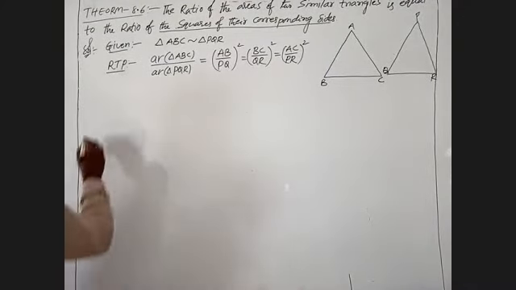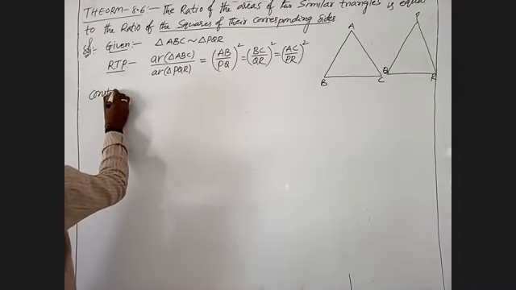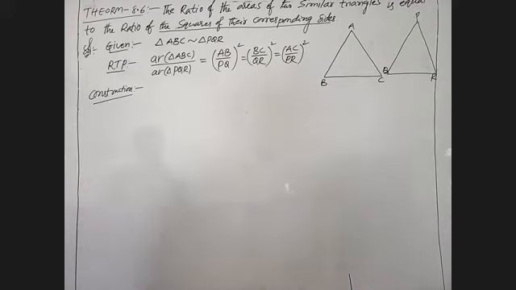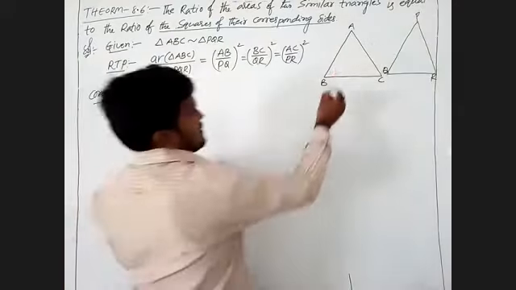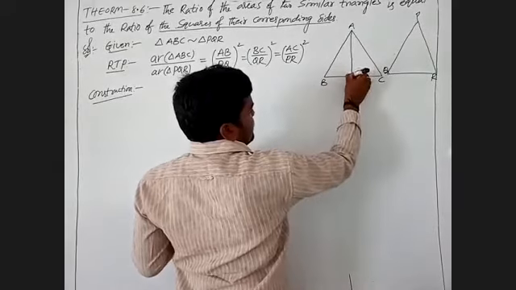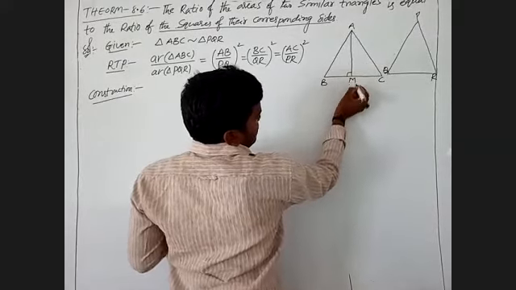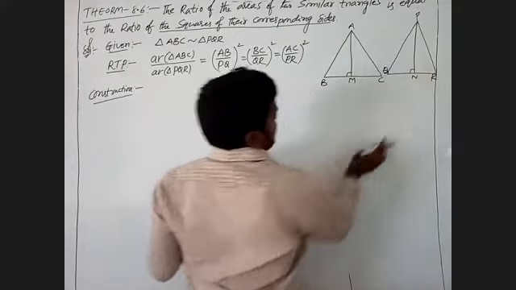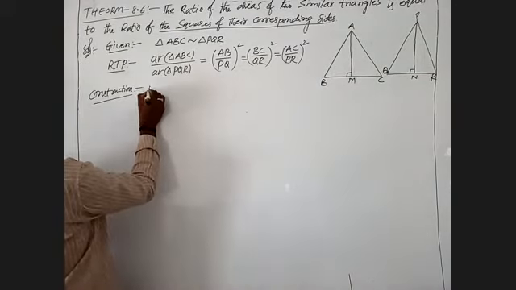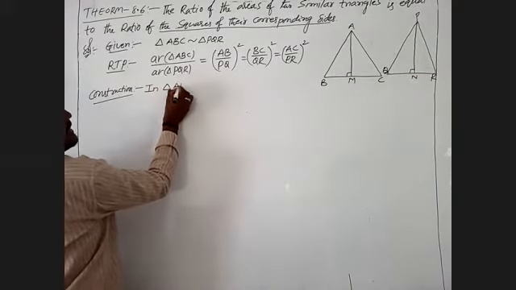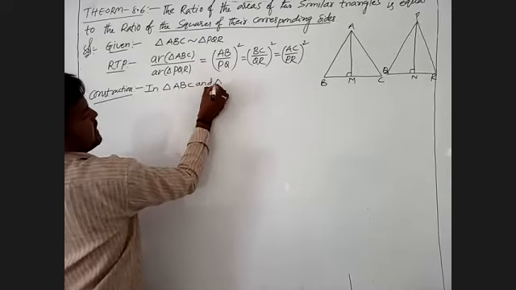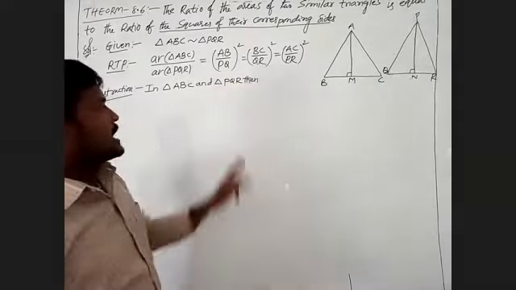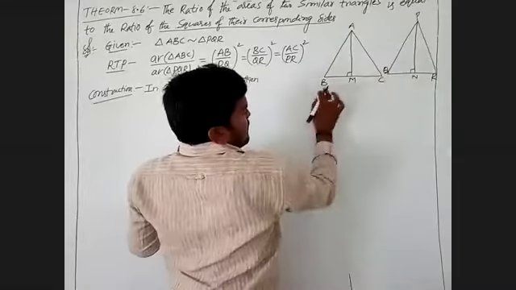After that, I am going to the next section. What is the next section? I will draw two perpendiculars, the altitude named M and the altitude named N. What we have to write is the construction. In triangle ABC, AM is perpendicular to BC.